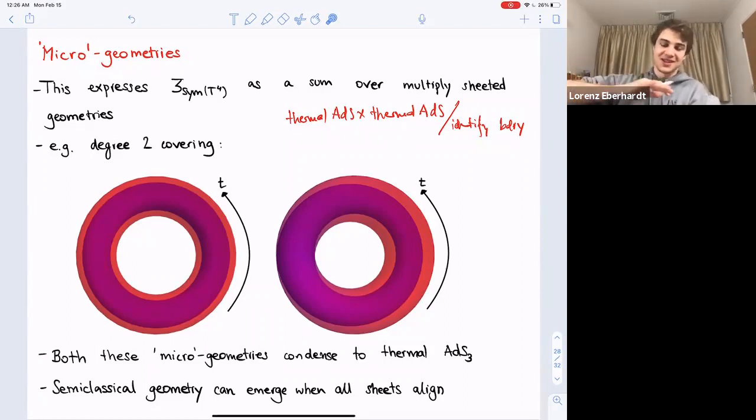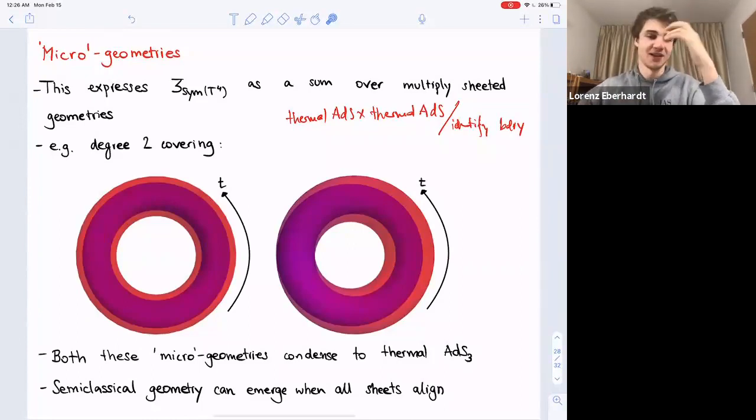By align, I mean that they all look the same, like these two thermal AdS. You don't get a pole by taking thermal AdS times BTZ, which would be some interlocking geometry. They have to all align, and if they all align, then they condense to one semi-classical thermal AdS. That's the idea.